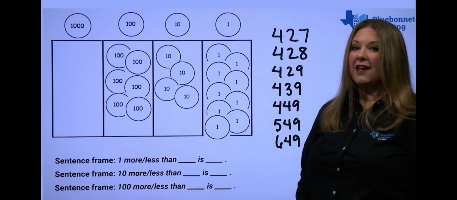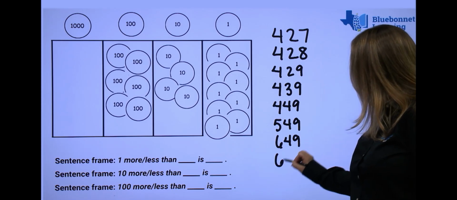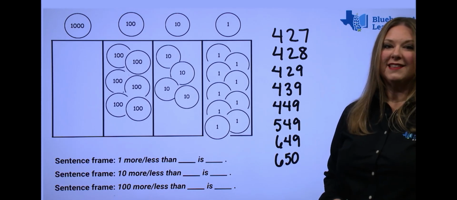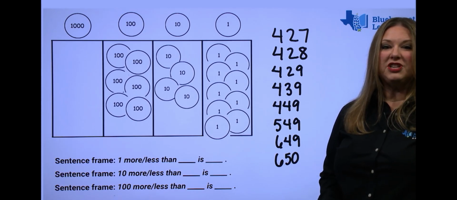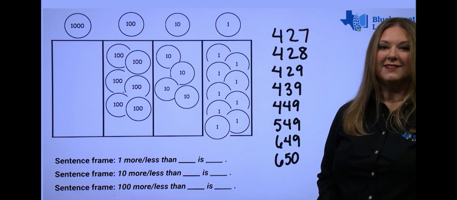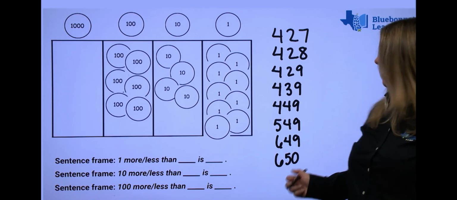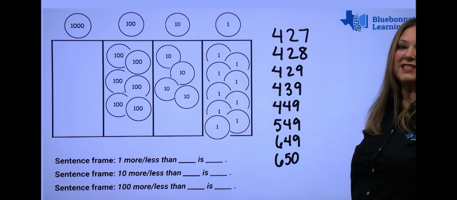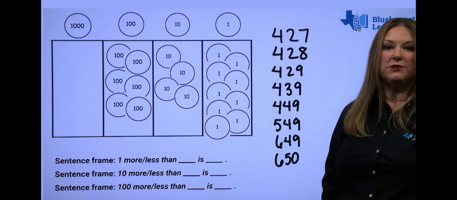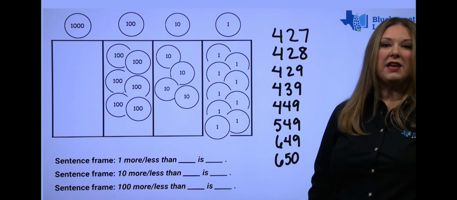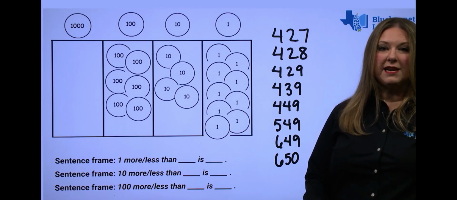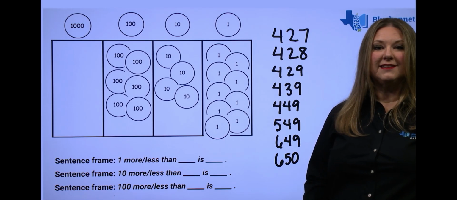Now, what if I went to 650? What's changing in that number? If we just look at the numbers, the 1's place value changes and the 10's place value changes. But think about it. If we're just counting and we're at 649, what comes after that?